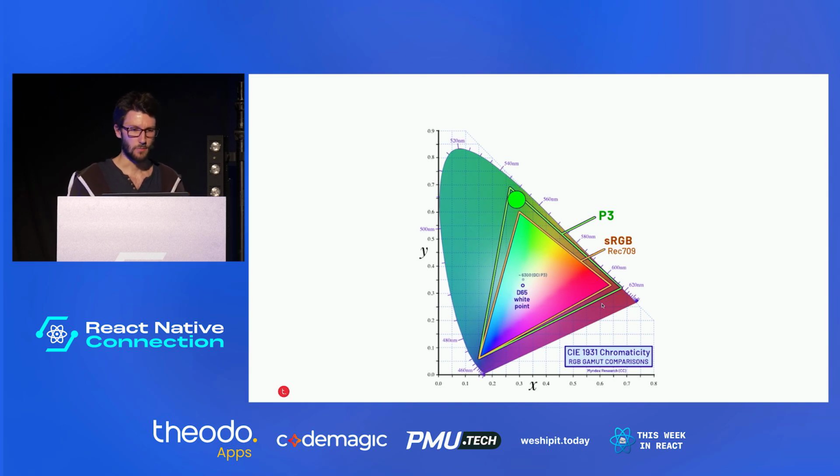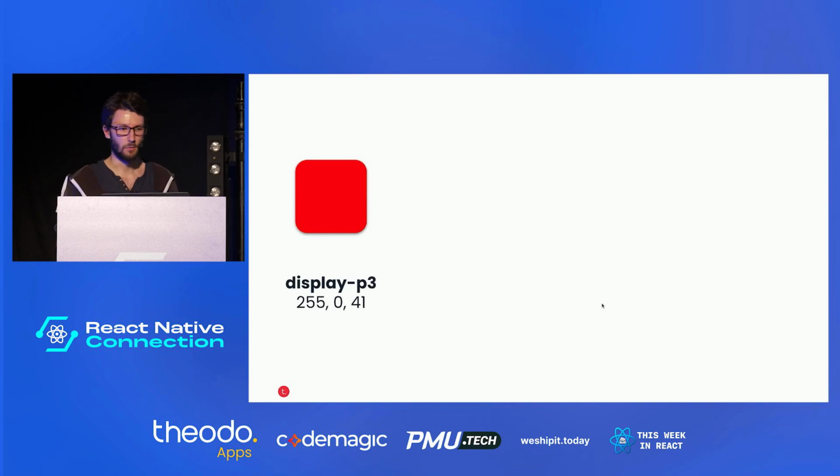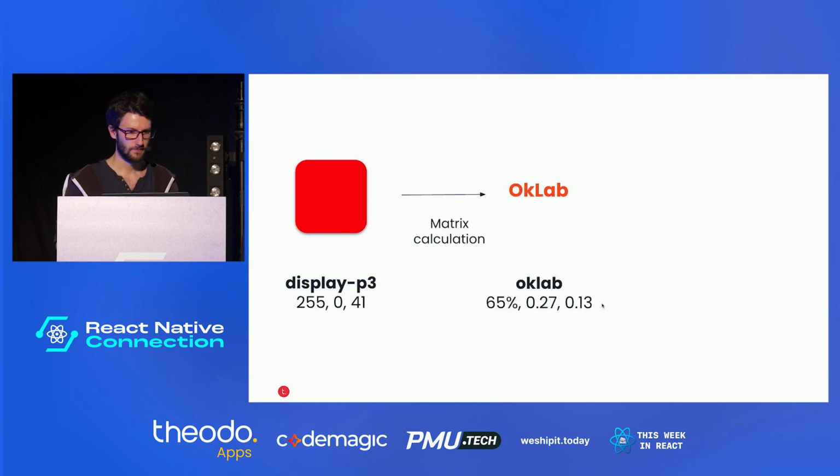For this color, for example, we cannot find the direct color in sRGB. So we will need to use a gamut mapping algorithm, which is an algorithm that takes a color from P3 and finds the best color available in sRGB. So what will happen? A developer writes display P3.